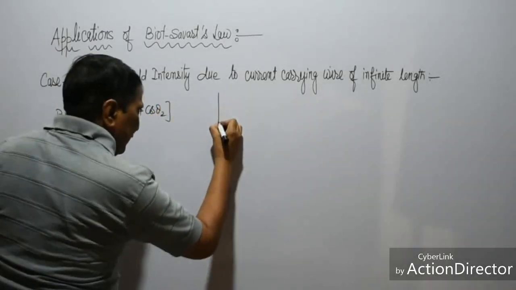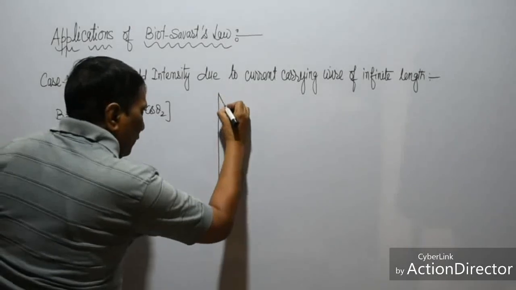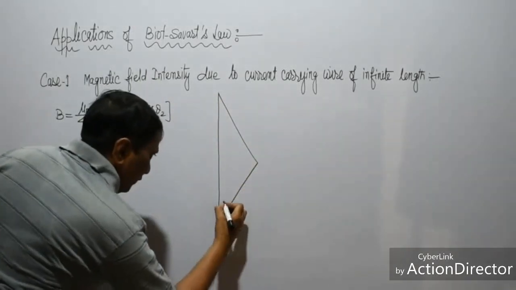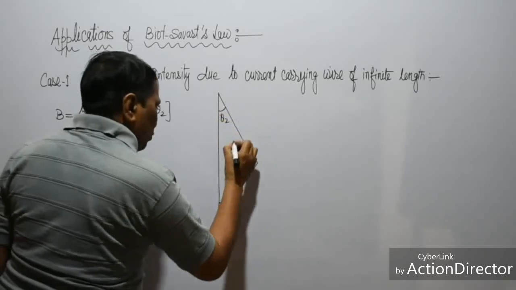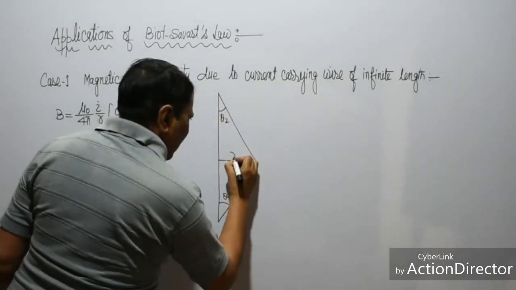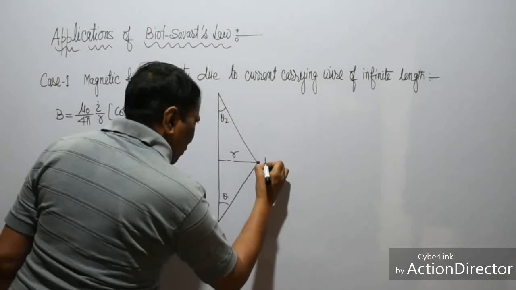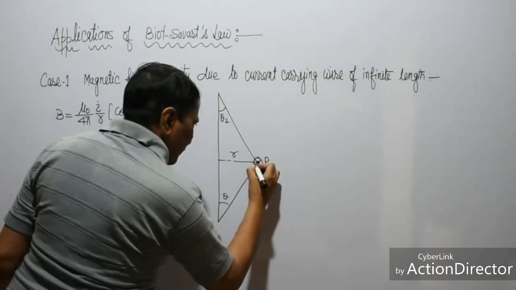These are the angles. This angle is theta 1, this angle is theta 2, this distance is r, and this is the point P.